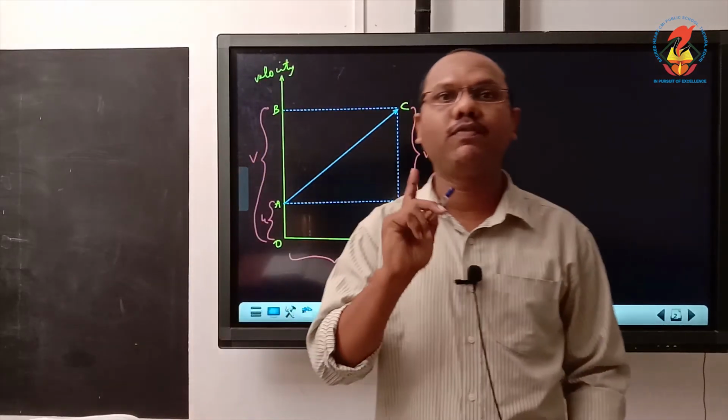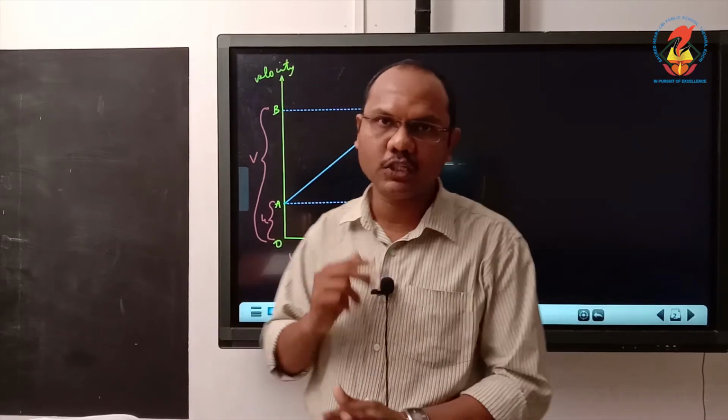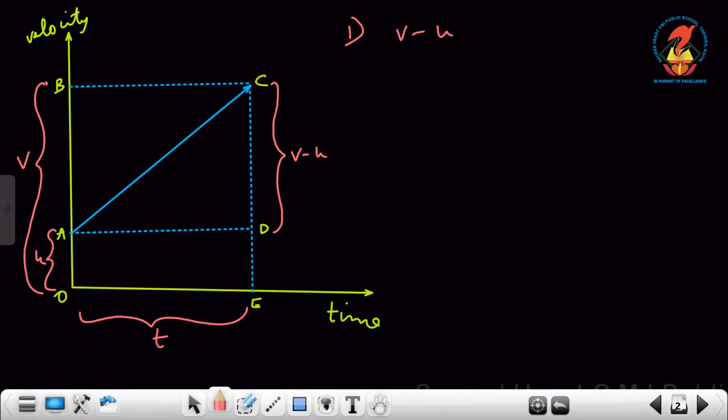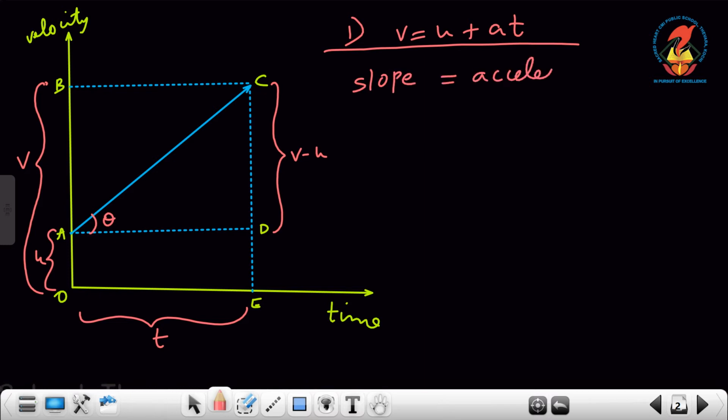Let us go to the first equation of motion, that is the velocity time relation: v equals u plus at. This is what we are going to derive first. For that, I am going to find the slope of the graph. Slope of the velocity time graph gives the acceleration. So I will write a equal to, take the triangle ADC and find tan theta.